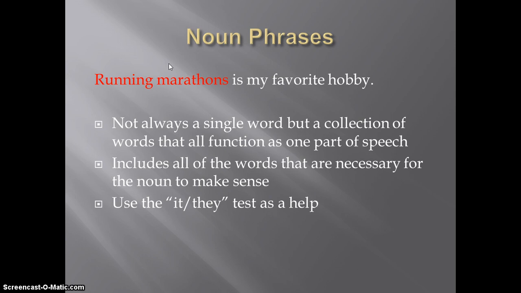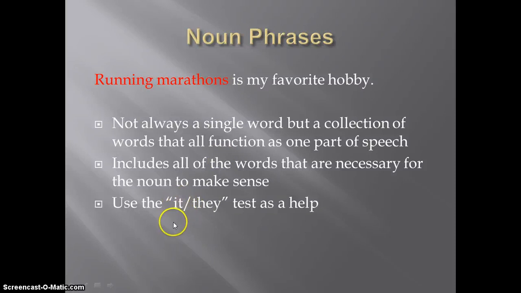So if you're confused as to what is included in a noun phrase, because remember, a noun phrase includes all of the words that are necessary to form an actual noun. Well, actually, running is my favorite hobby would make sense. But in this case, because marathons is here, running marathons is the complete noun, and it all can be replaced by it.